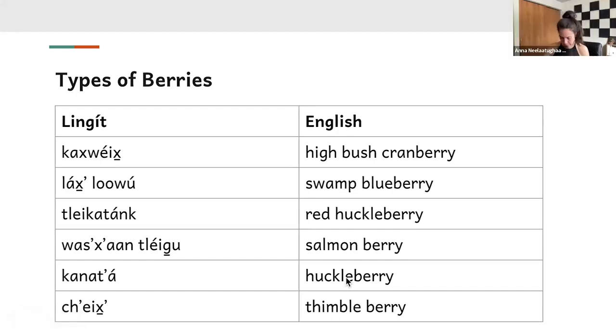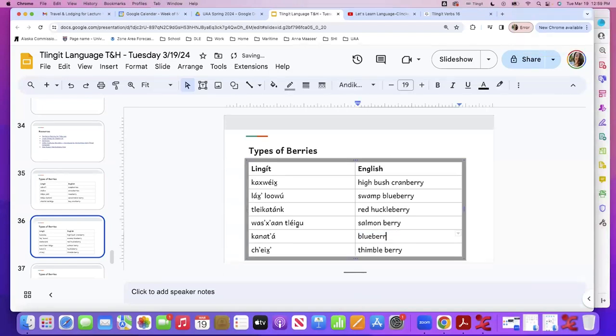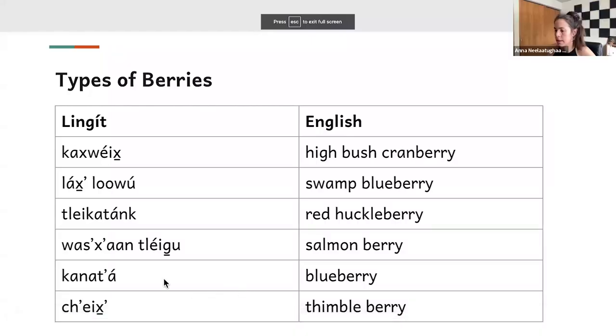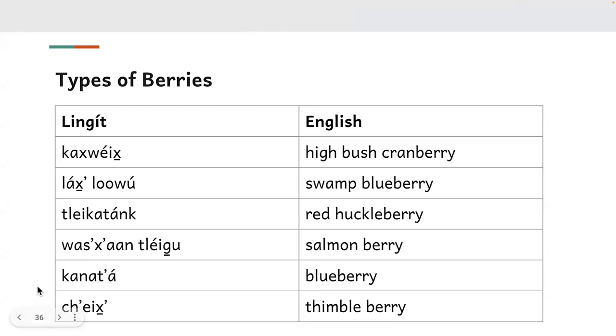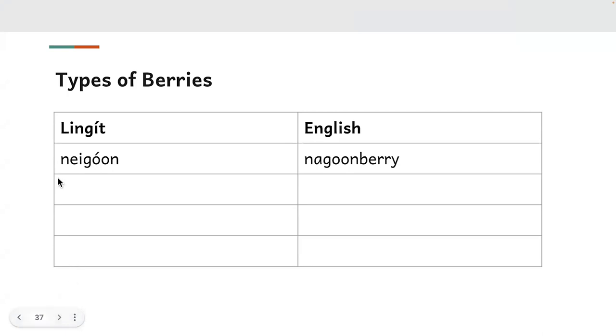Yeah, that is blueberry. And then thimbleberry, and then Nagoon berry comes from the Tlingit name Nagoon.